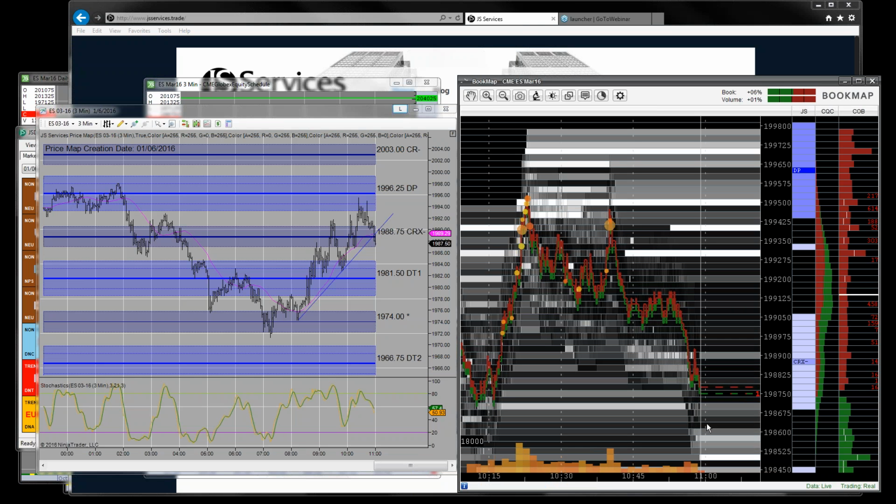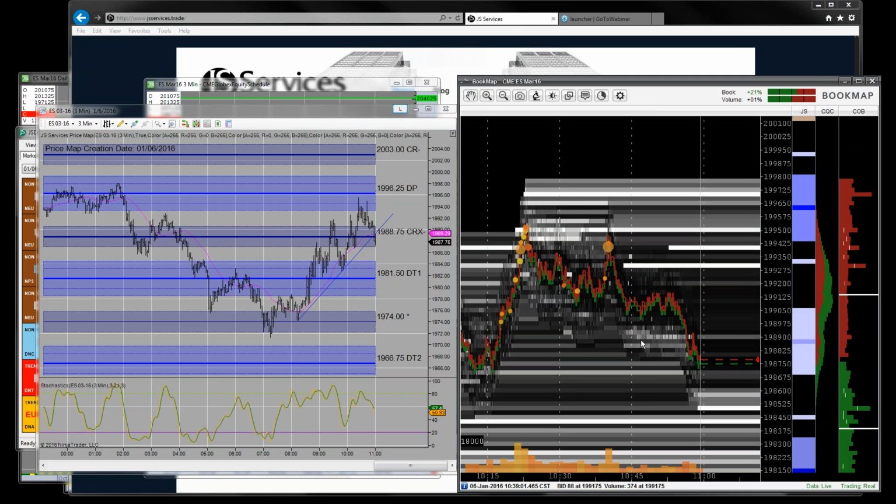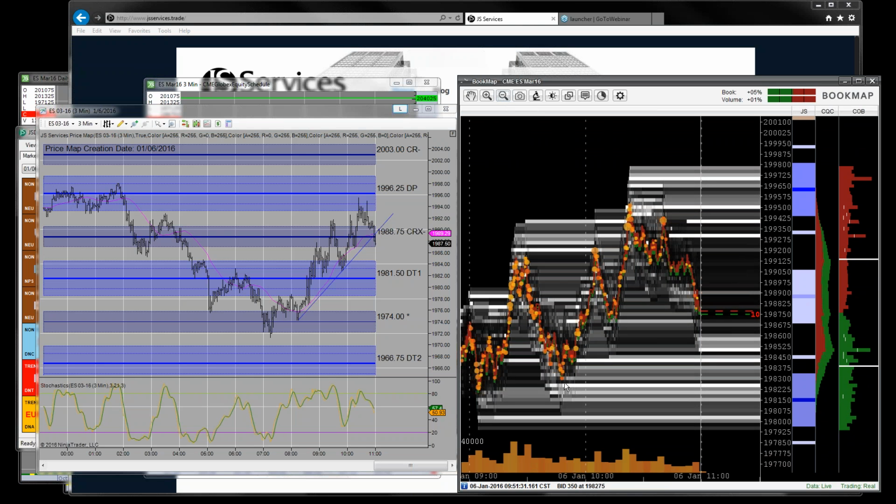If I wanted to get more aggressive on the selling, and I see these sellers shift down here and the book start to light up on the top of this variance, that would get me a little more aggressive. If you work with BookMap with the JS nodes, you'll see how the market trades around in these variances, and you'll see some micro opportunities happen.